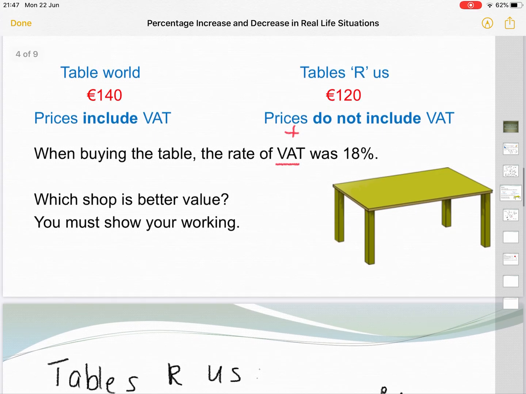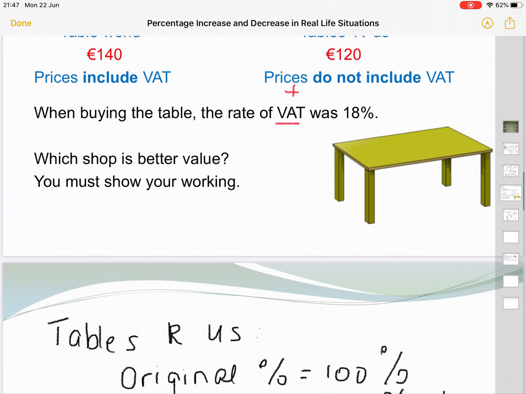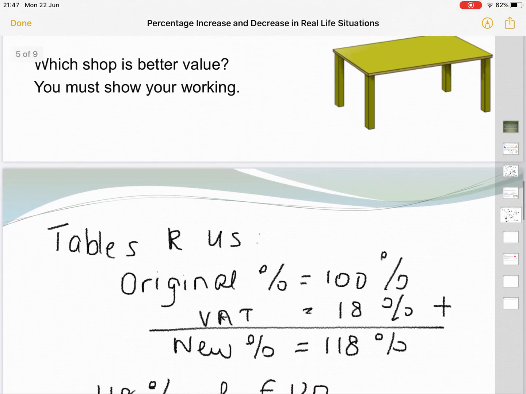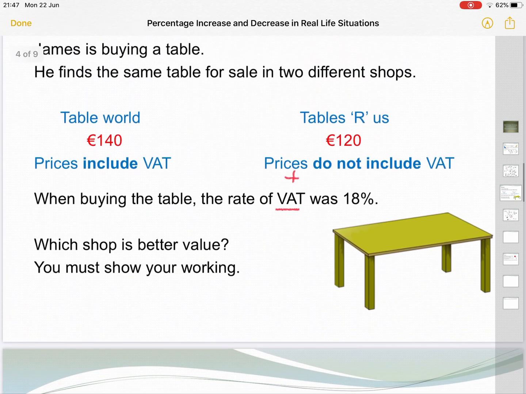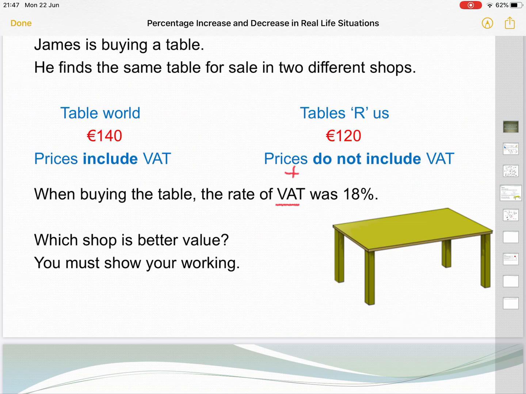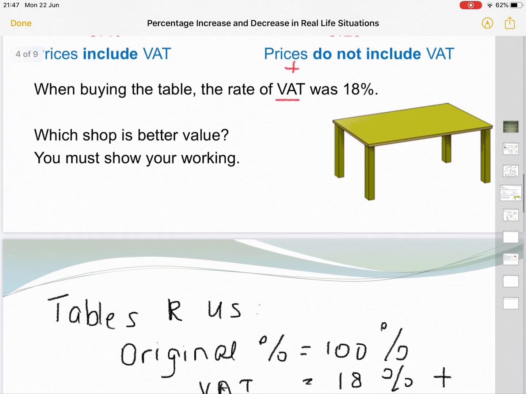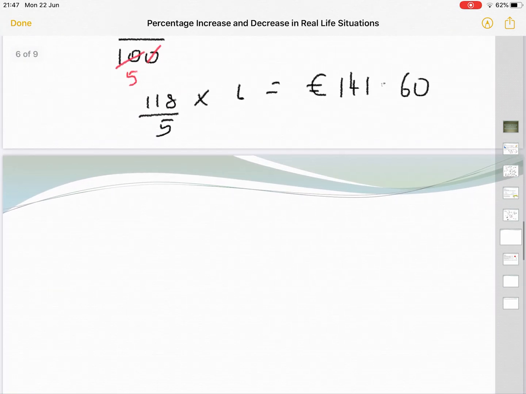Whereas the table from Table Saras costs now, together with the VAT, 141.60. So the shop which is offering the better value is Table World, all right, because its price is 140, whereas the price from Table Saras is 141.6.